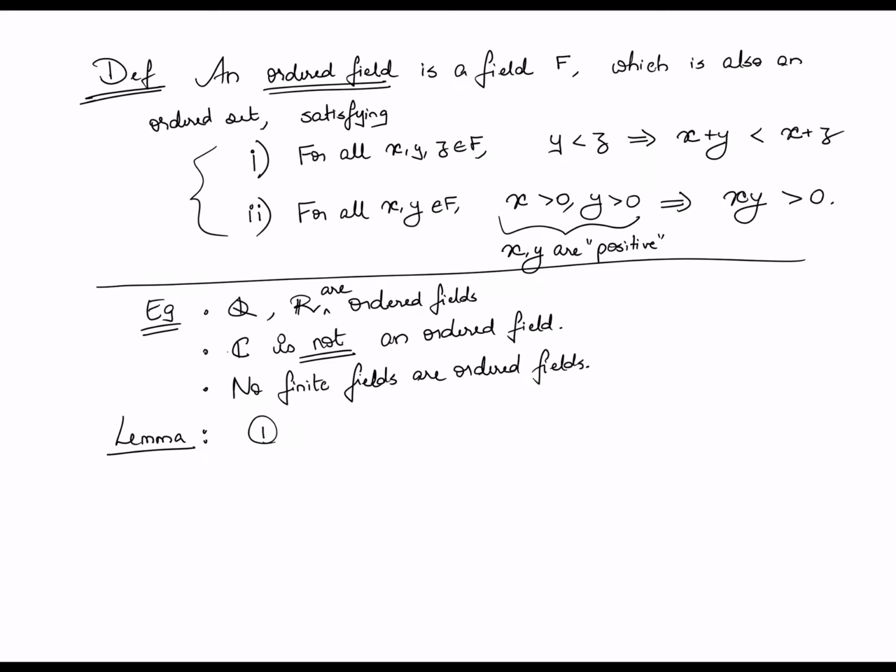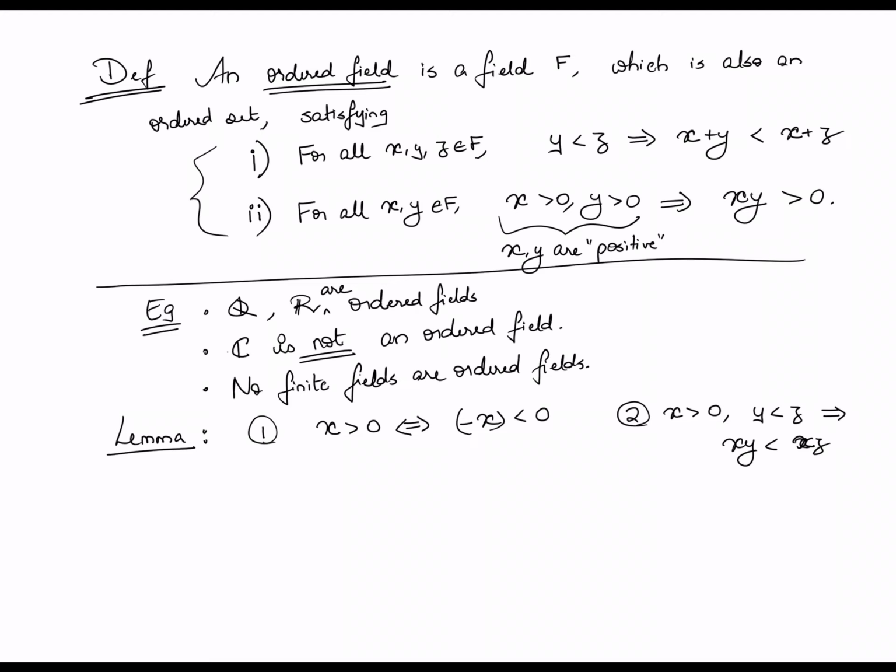The first property is that x greater than 0 is equivalent to saying that minus x is less than 0. So if x is positive, its additive inverse is in fact negative. The second property is that if x is greater than 0 and y is less than z, then xy is less than xz.